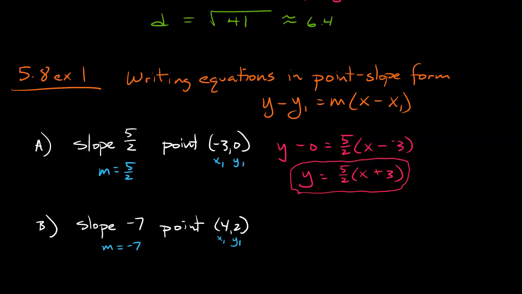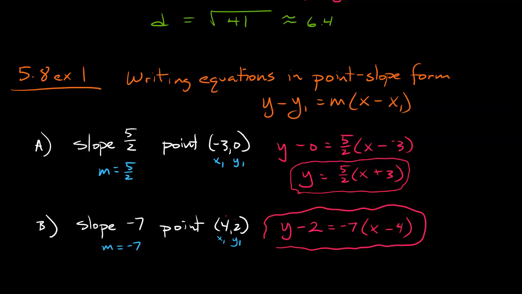So we have y minus y1, which is 2, equals m, which is -7, times x minus x1, which is 4. You do not have to change it from here, because this is point-slope form.